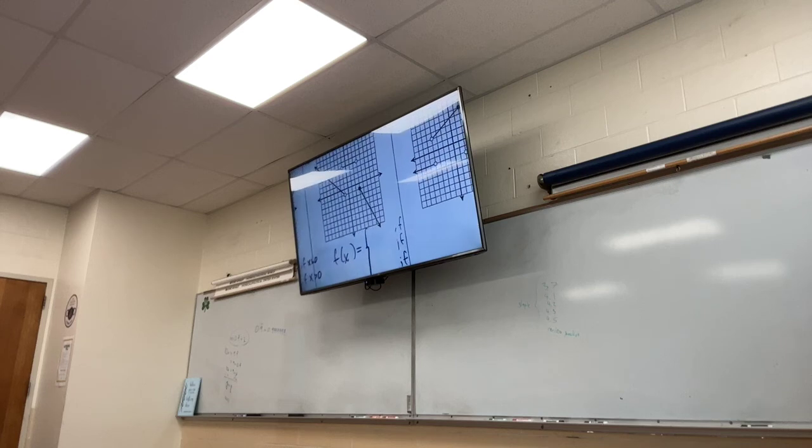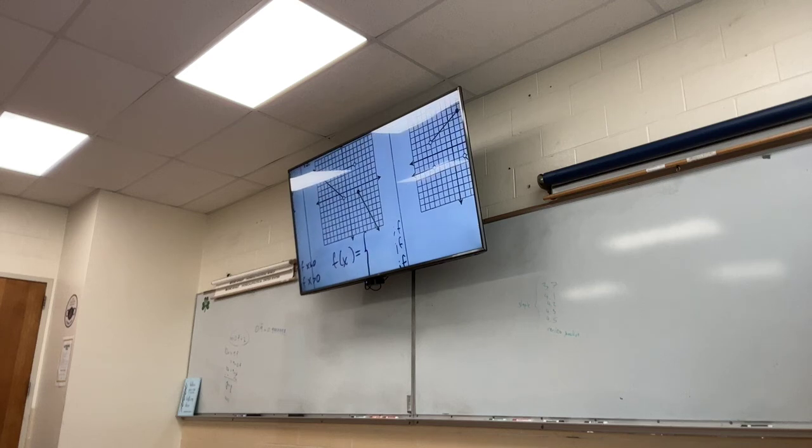What should my first if be? If x is what? Yeah, which equality symbol? To the left of -1, right? With a hollow circle. So if x is less than -1, okay? And what is that function?